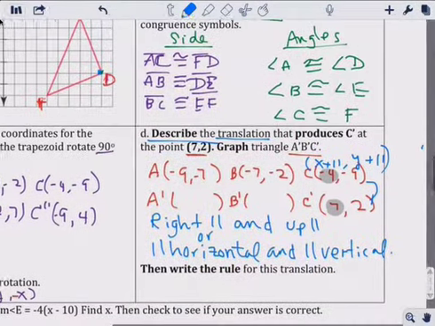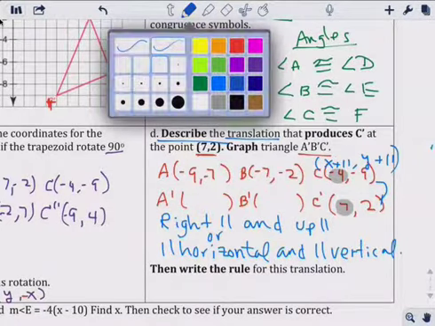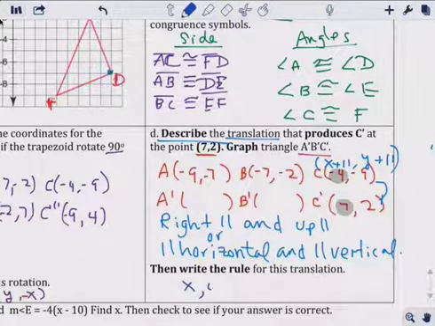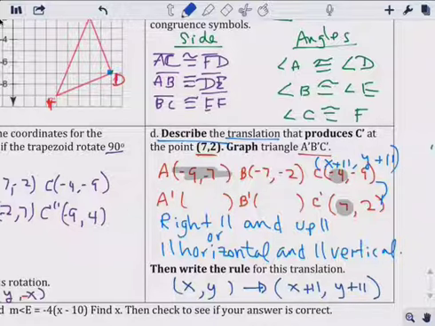Okay, write the rules. Oh, we got the rules here. Remember, when you write the rules, you state the original, which is X, Y, the pre-image. It's going to change to its image: whatever X is, you add 11 to, and whatever Y is, you add 11 to.